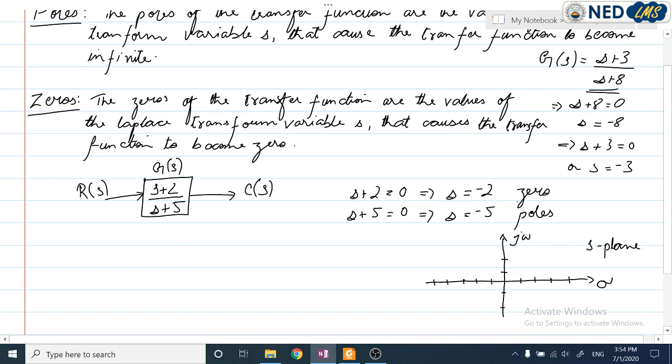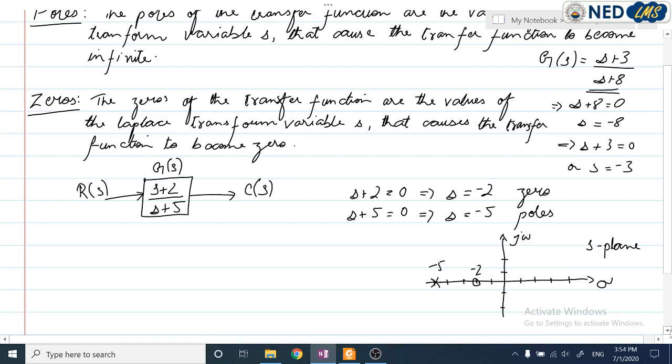So if we want to plot this 0 here at -2, we will use a 0 sign to represent this 0, and to show this pole s equal to -5, we will use this cross sign. So the pole will be represented by the cross sign, and the 0 will be represented with the 0 sign.